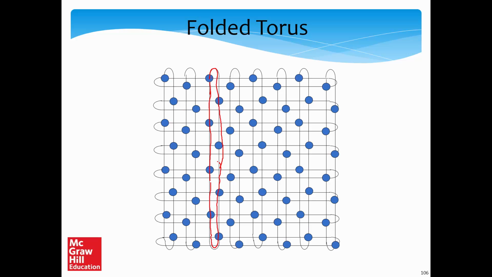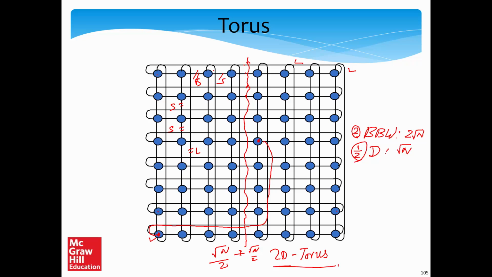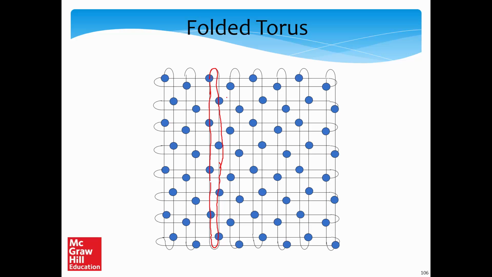If you look at one column here, then all of these nodes were one node apart, and the first and the last were root n nodes apart. But here, if you see, they are actually placed on different ends of the ring. This is placed on the left one, this on the right half, this on the left half, left, right.